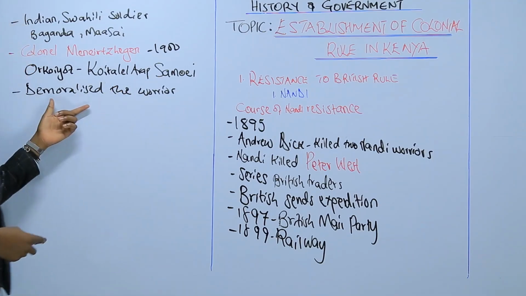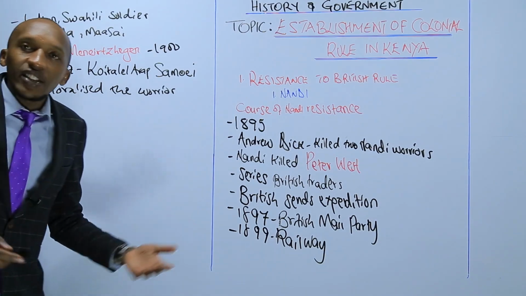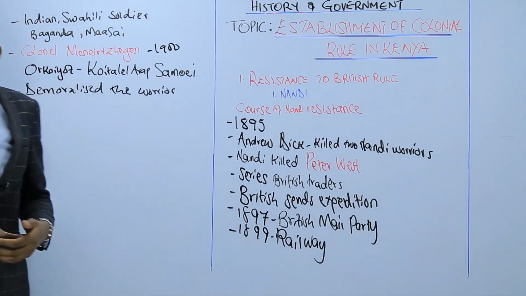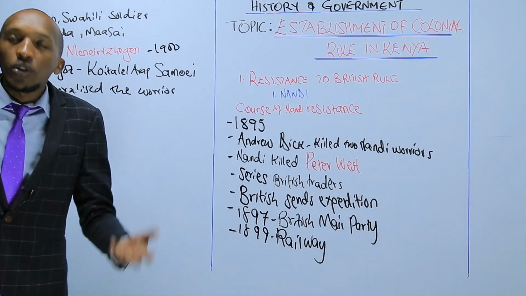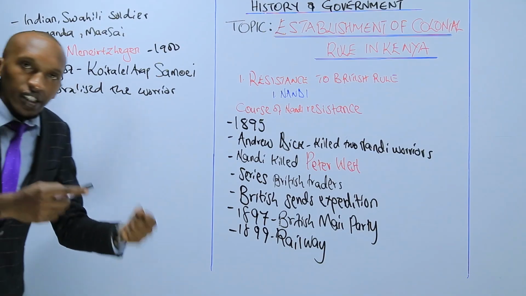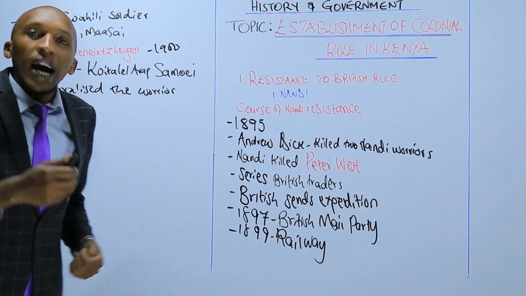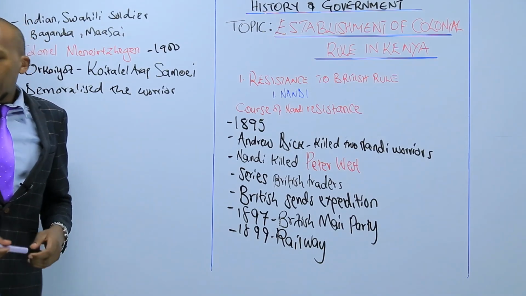So that really demoralized the warriors. They could not now have a united attack against the British. They had now been disheartened. Their hearts were broken because their leader, the one who was giving them the courage to go and fight, had now been executed.